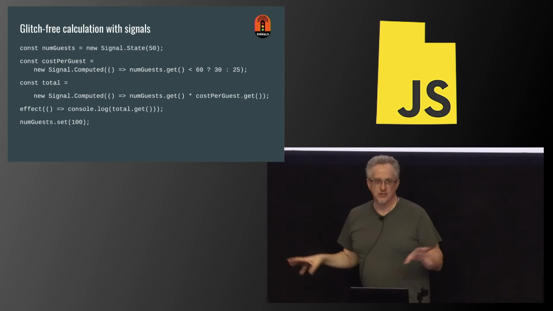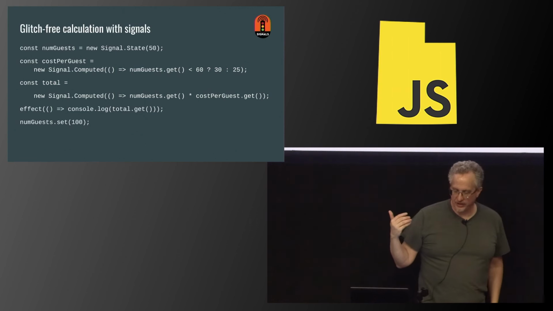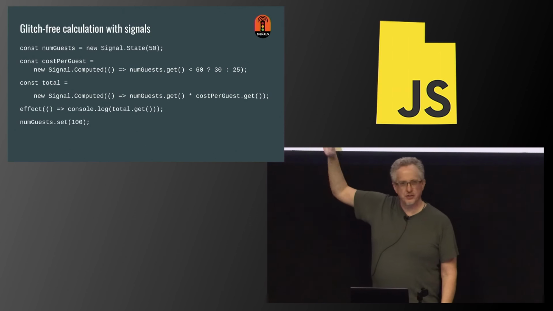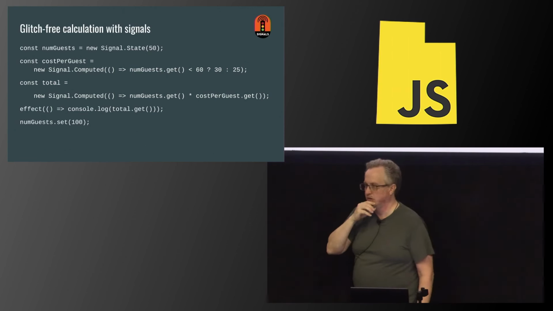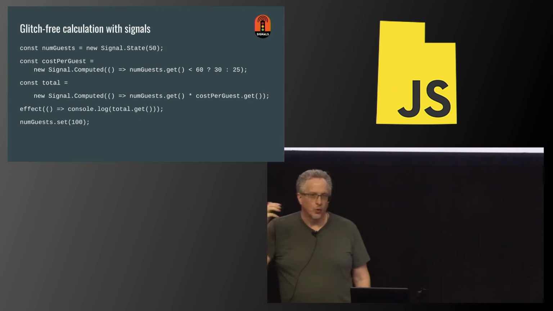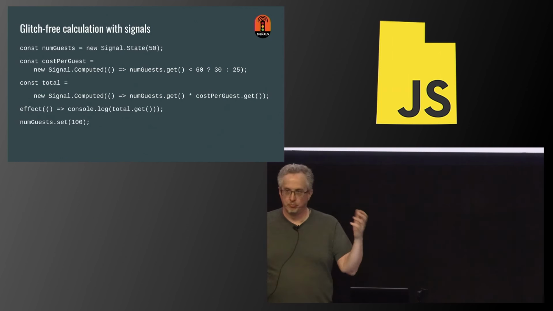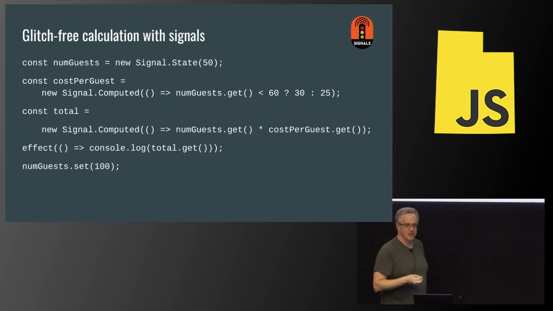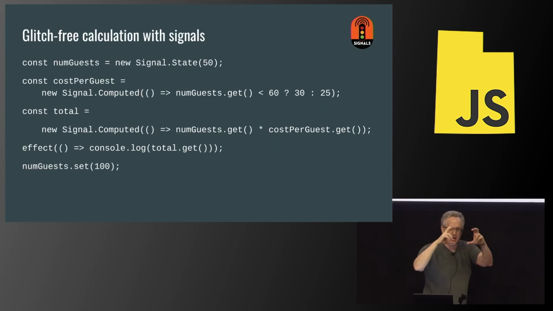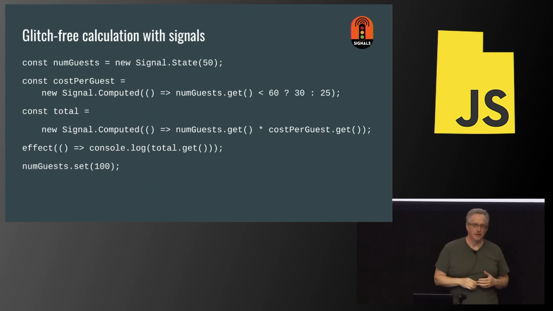So once we have this going, how is this going to help us solve that problem that I talked about earlier? This is some kind of pseudocode-ish based on the reference implementation. We're going to do the same things as before, but we're not just going to have a simple number of 50. We're going to wrap it in a signal. We're going to wrap it in a box that knows how to communicate with things that depend on it.